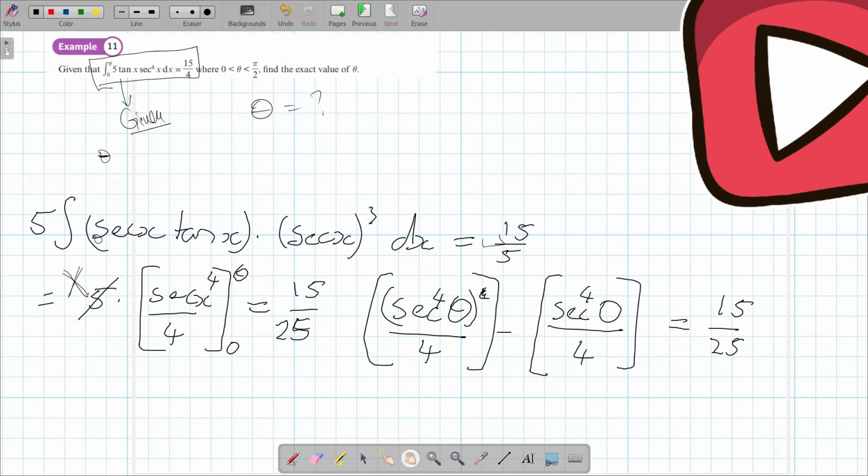What is the value of sec 0? It is 1. So this is just 1 over 4 then. Yes.